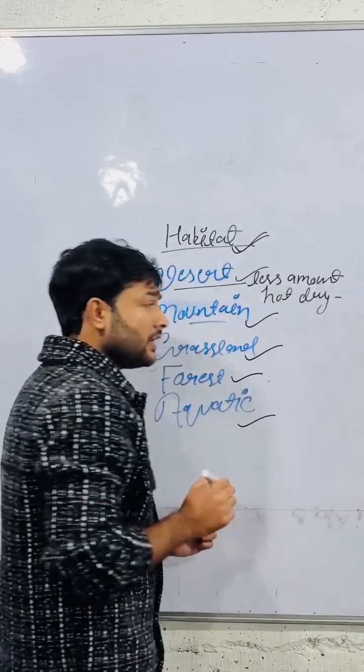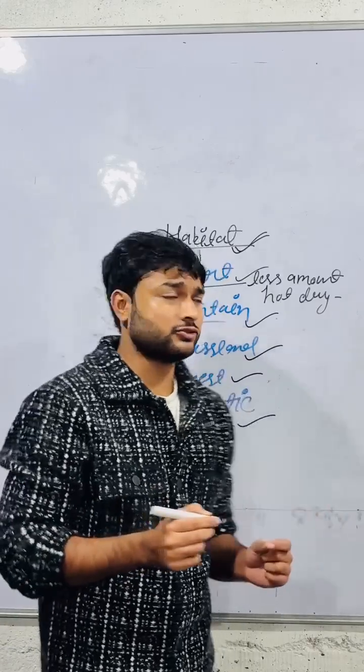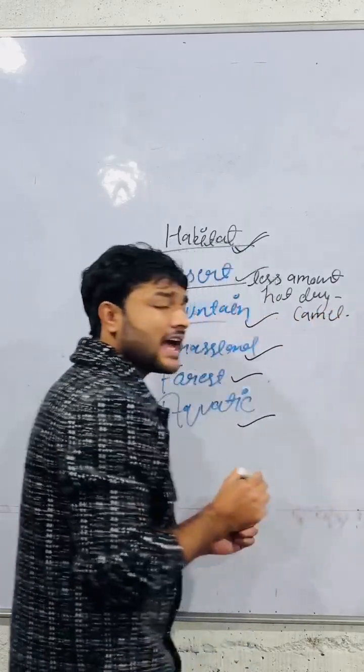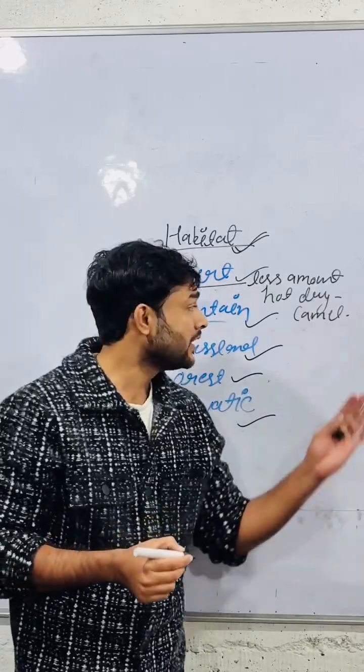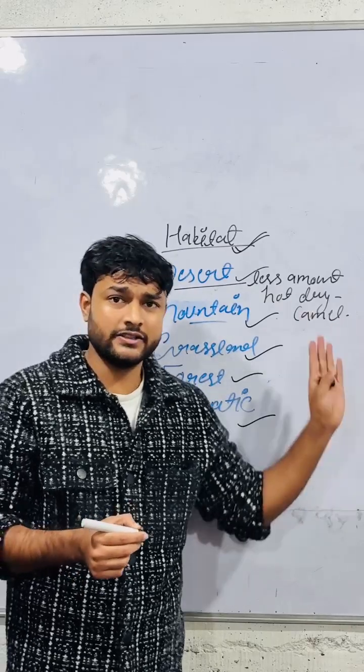If I talk about examples of desert animals, the camel is the best example. Different types of snakes and lizards are also there. The camel is a very interesting animal.